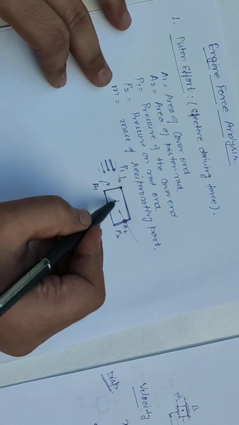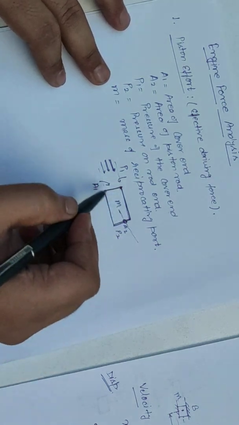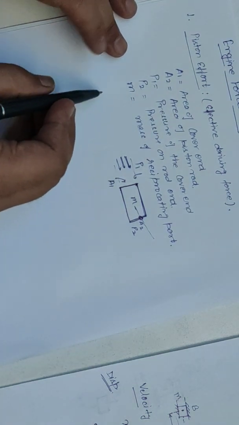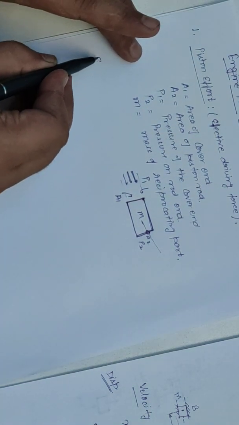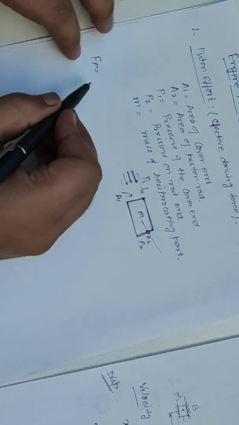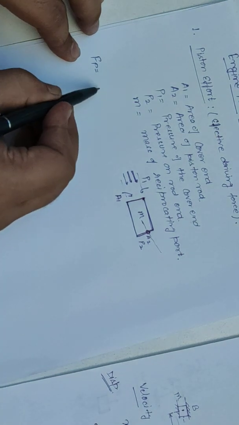Okay, M is the mass of this reciprocating part. So the net force acting due to gas pressure, Fp, will be equal to P1 A1 minus P2 A2, force being pressure multiplied by area.